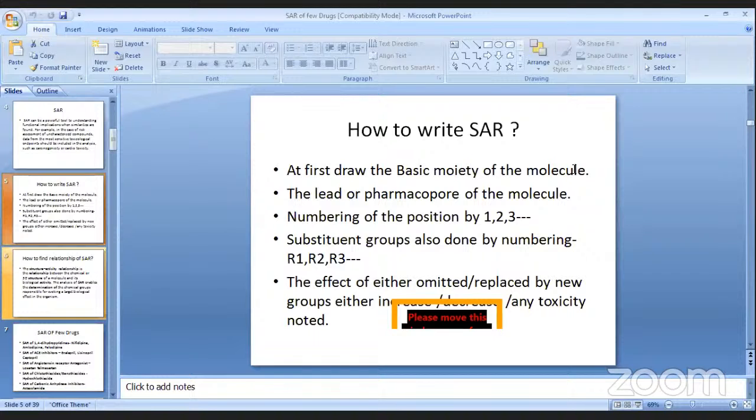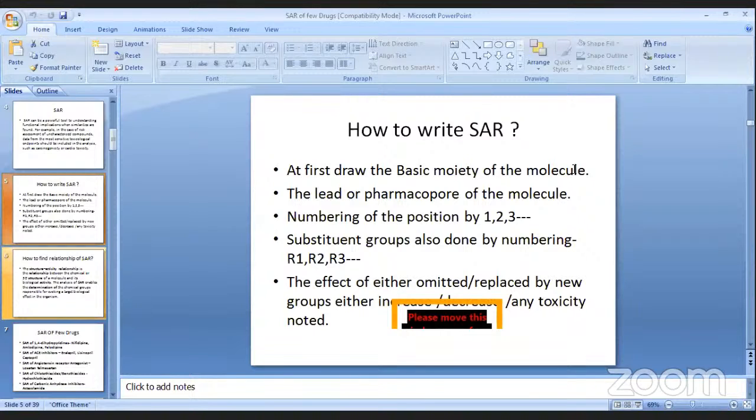It is 100 times more powerful than chlorothiazide, with less side effect. So the biological activity is increased by changing the group. So this is the process of writing SAR.